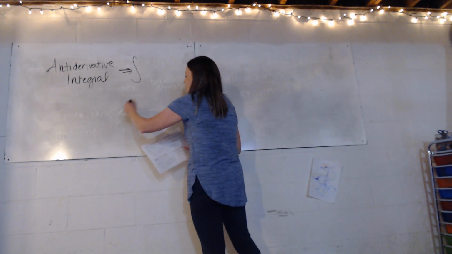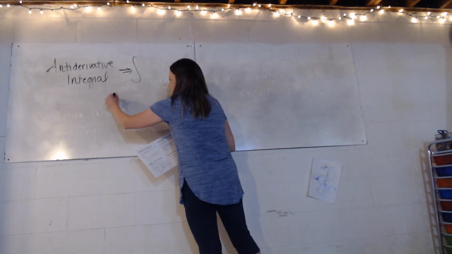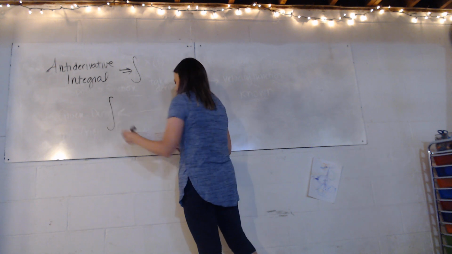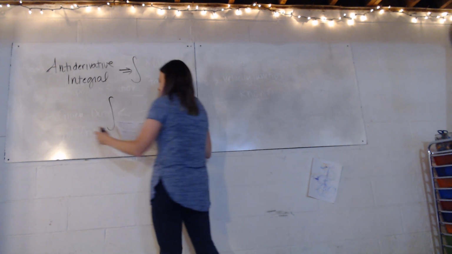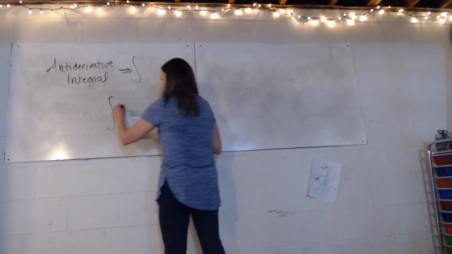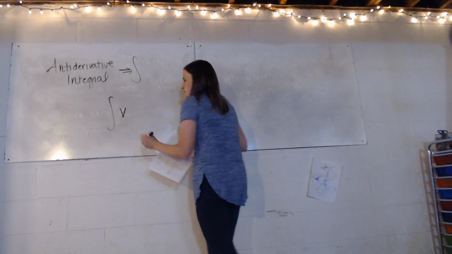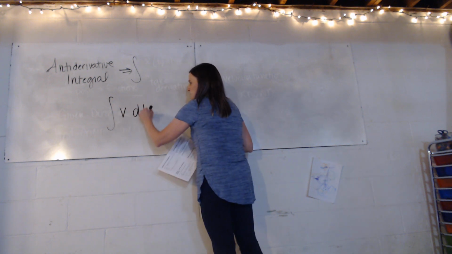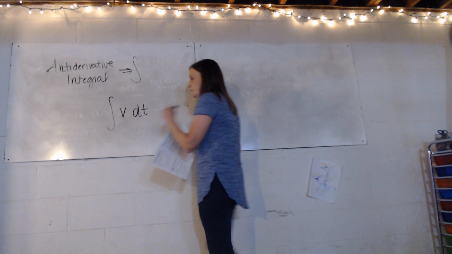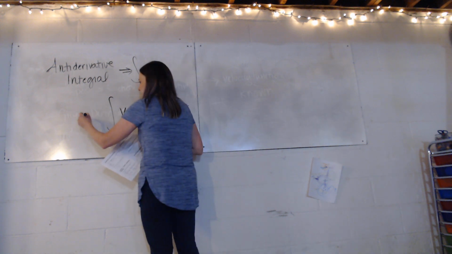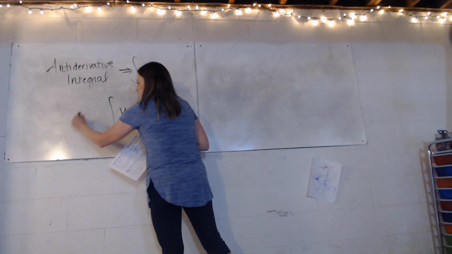So for now, if I have a function and I integrate it, so let's do the velocity function with respect to time, I would come out with my displacement function.